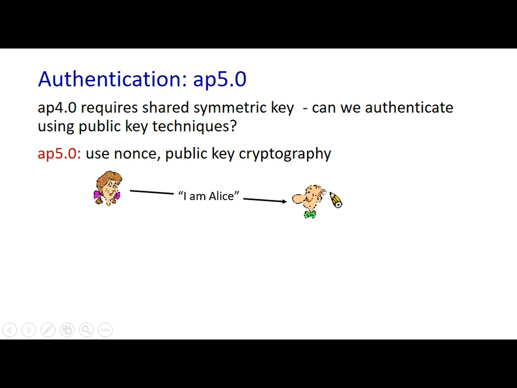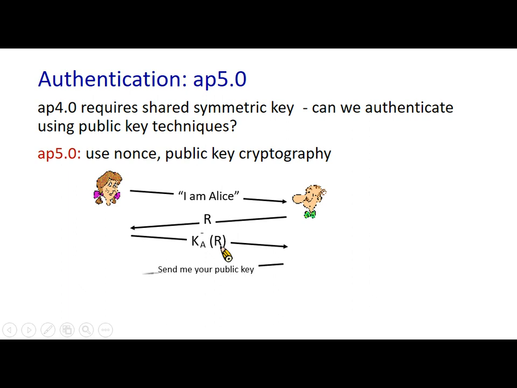I'm Alice, and Bob returns R. Then Alice applies her key to R, right? And send me your public key, and send Alice the private key of R here, right?